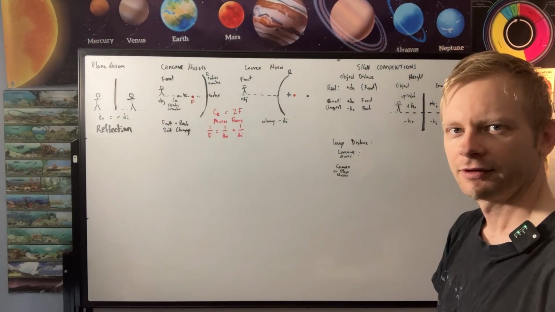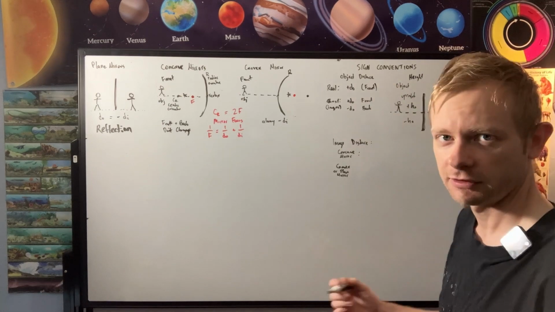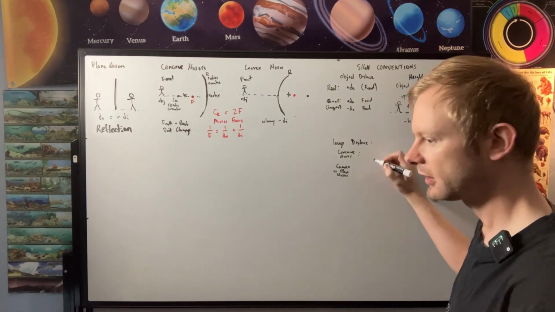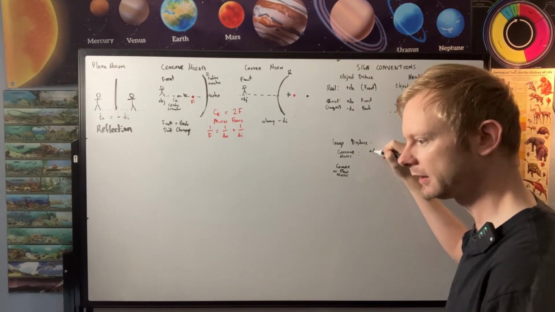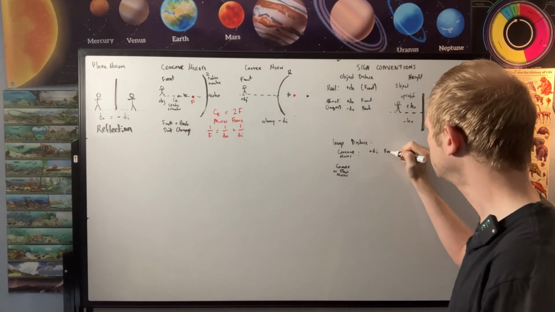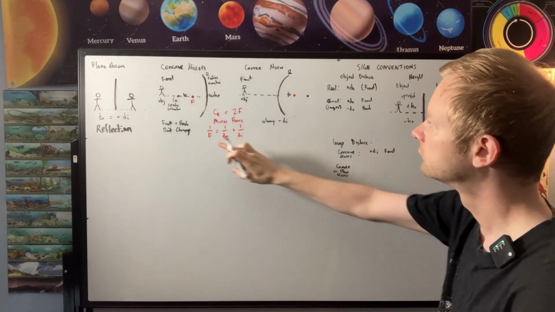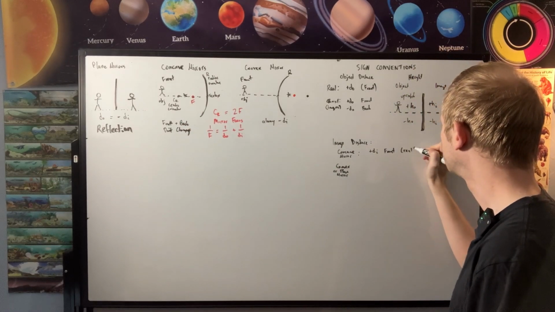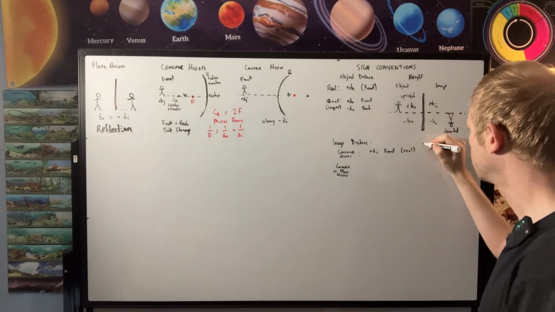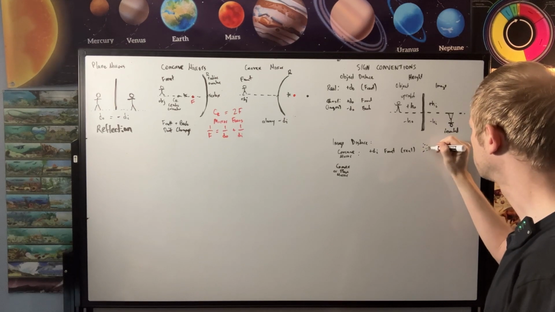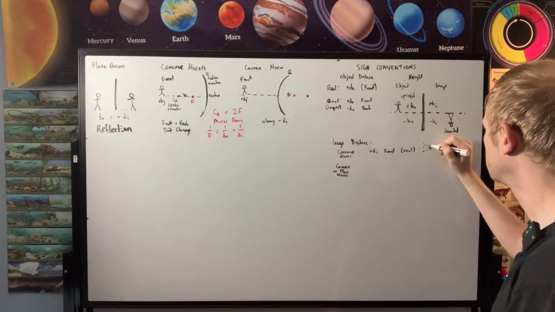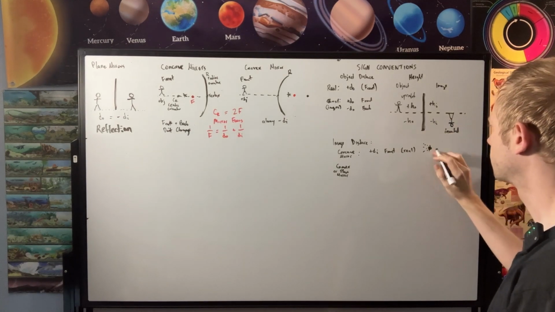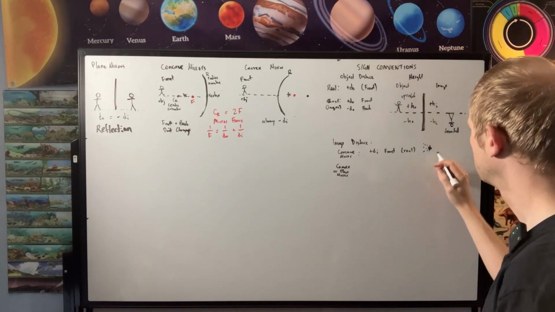Image distances are a little more interesting than the object distances. We'll start with the concave mirror, and we'll say that if we have a plus DI, we'll put that in the front of the mirror, which would be over here, and then we'll call that a real image. What that means is that we have light rays that are actually converging to a specific point, and they're going this way, so that you can actually see the image.